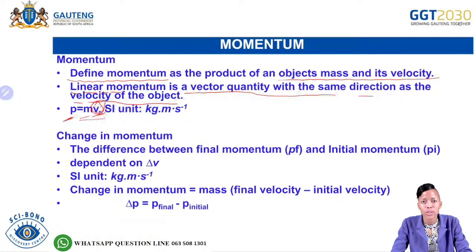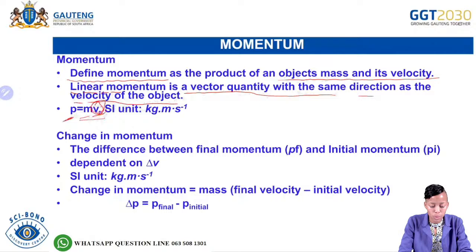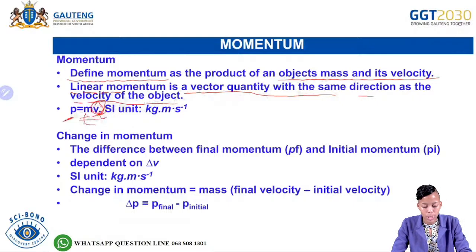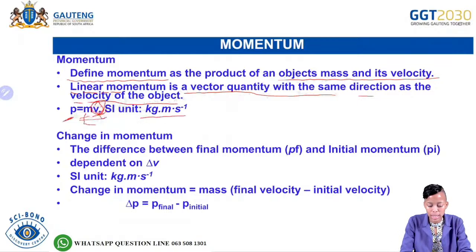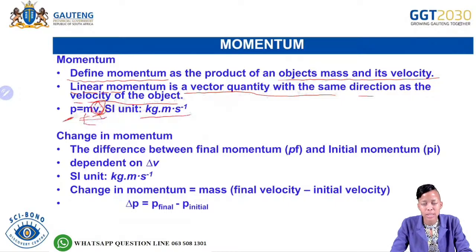And then we spoke about the SI units of momentum. We said the SI units of momentum will come from the mass, which is kilograms, and from the velocity, which is meters per second. So the combination of the two will then give us the units of momentum, which is kilogram meters per second.